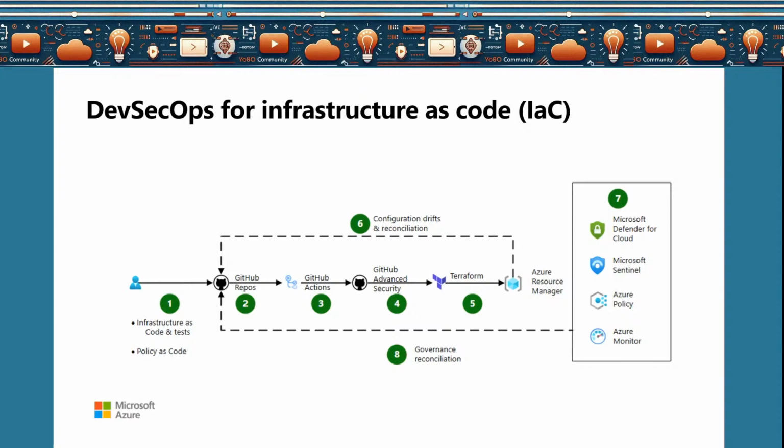You can integrate Microsoft Defender for Cloud or Sentinel with your GitHub, where it can scan the code and ensure it's safe and secure. GitHub Advanced Security is also one advanced feature that does this before the template is run, through Terraform, and then accesses the Azure Resource Manager to create resources.